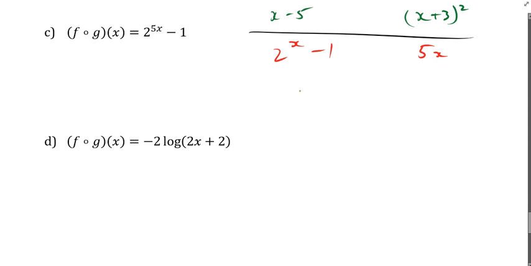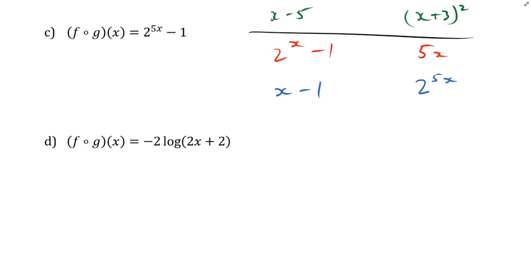Yeah, you're on the right track. Hold on. What did you say for the first part? 2 to the 5x. If I put 2 to the 5x here, that's g at x, and I sub that into x minus 1, which is kind of along the lines of what you were trying to say. That won't work very well. Anybody have anything for D?